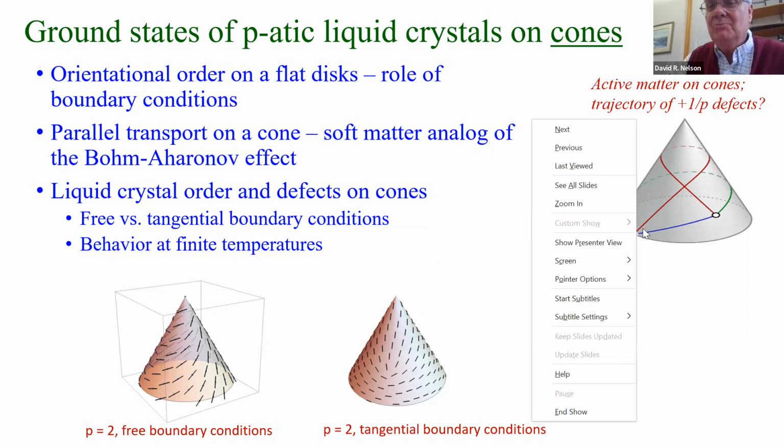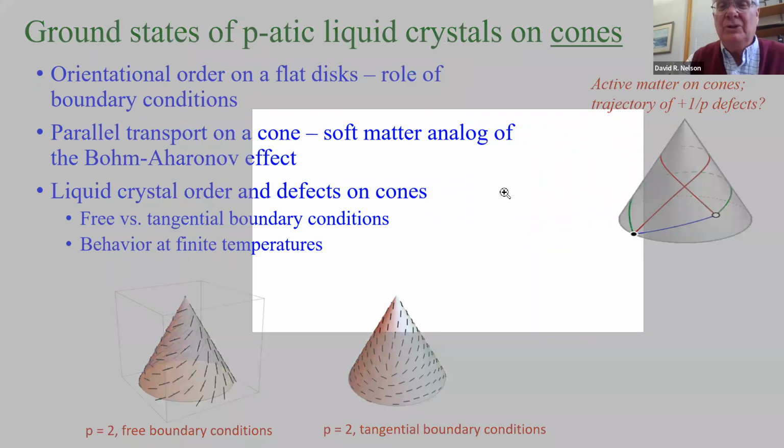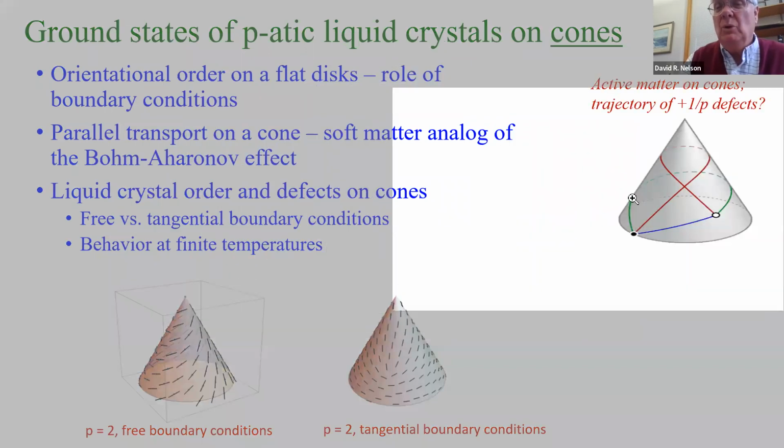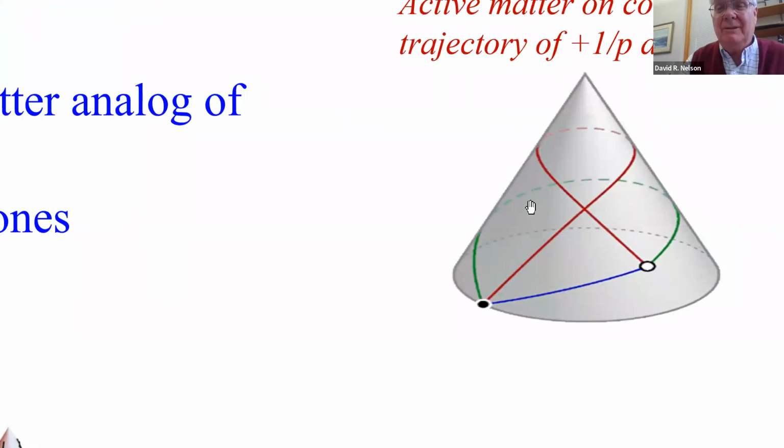One guess might be that if it's consuming energy, it moves along a cone geodesic. And if it's just one of them, it'll of course be influenced by what happens for a geodesic on a cone.